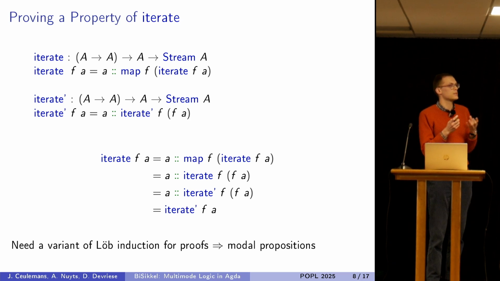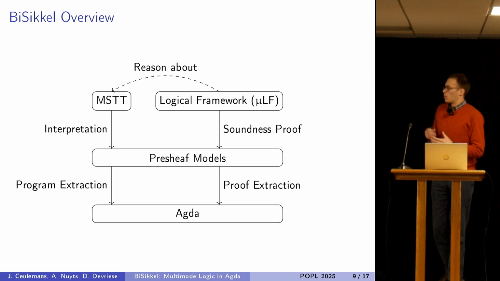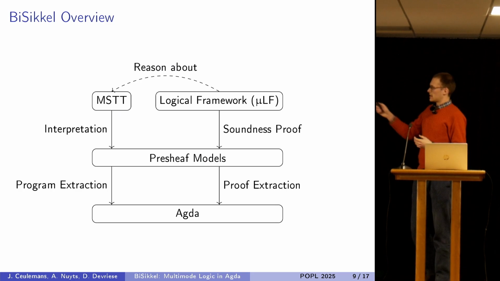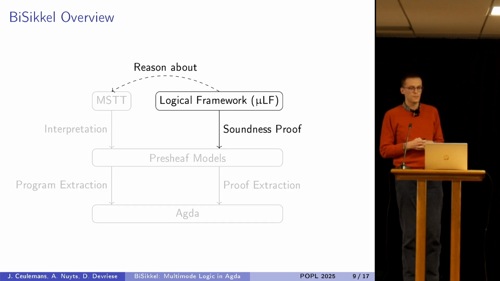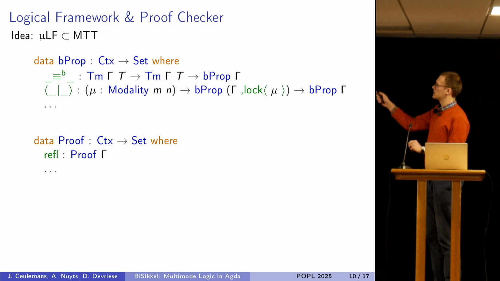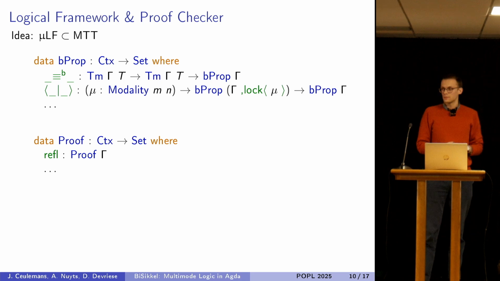And so that really means that we need a multi-mode logical framework to reason about MSTT programs. So what does that then look like? Let's take a little look at what MuLF looks like and how it's implemented in Agda. Here we see that there are two Agda data types, one of propositions and one of proofs.